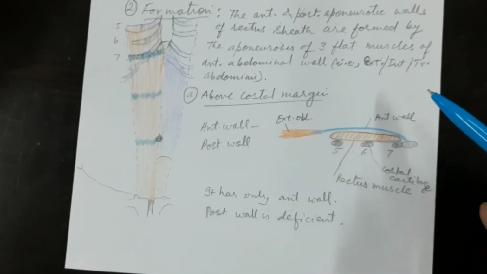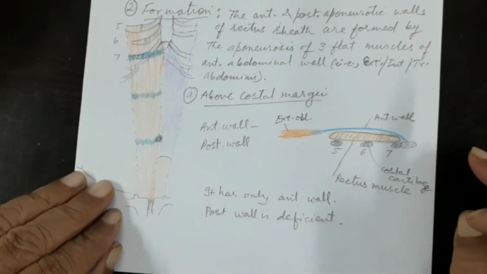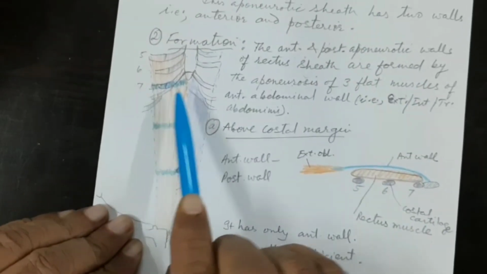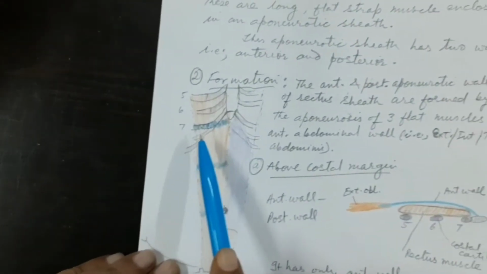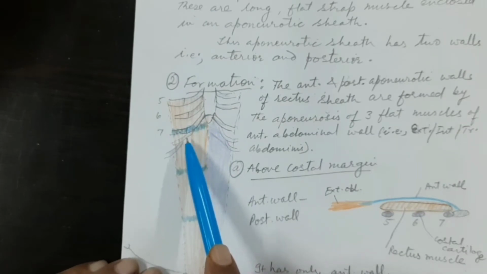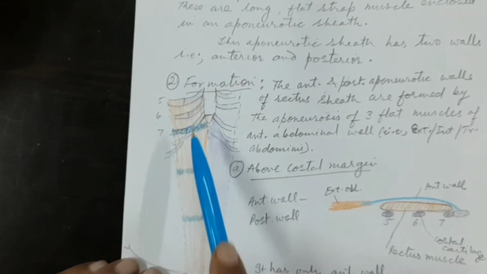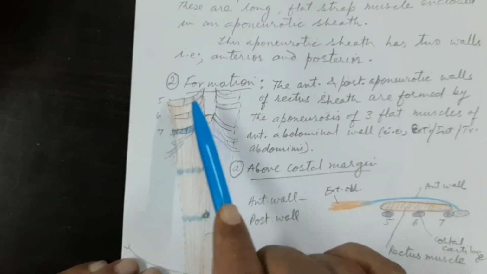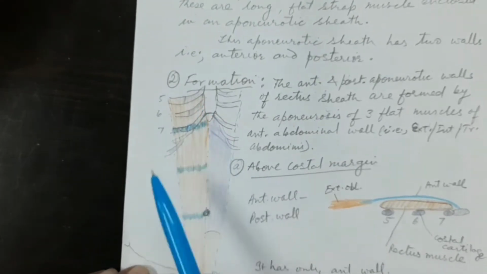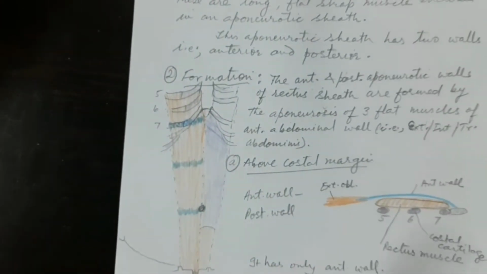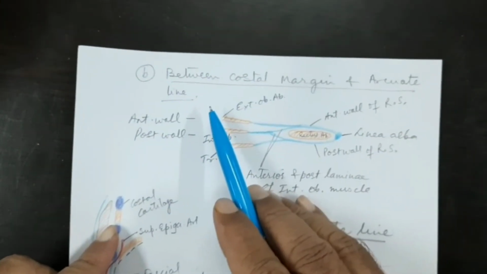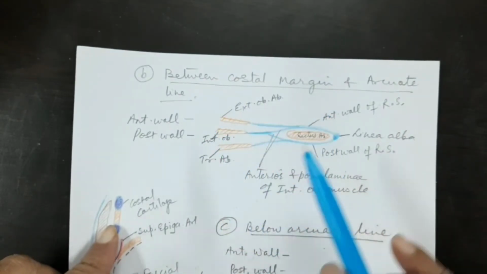This rectus sheath formation we will learn in three different places. First, above the costal margin: this is the 7th costal cartilage, 8th, 9th and then the 10th. How is the rectus sheath formed above this costal margin? Then in the second step, we will learn how the rectus sheath is formed between the costal margin and the arcuate line.